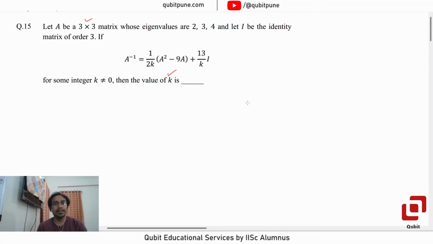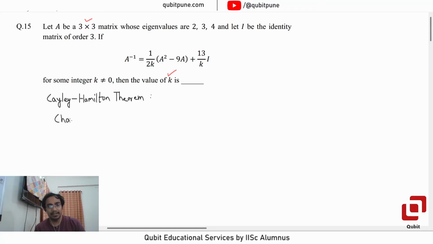Okay, this is based on the Cayley-Hamilton theorem, which says that every matrix satisfies its own characteristic equation. Now what are the eigenvalues 2, 3 and 4?